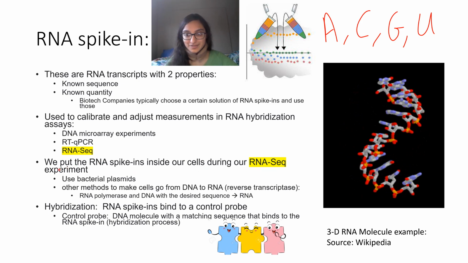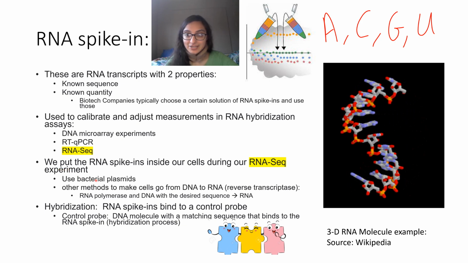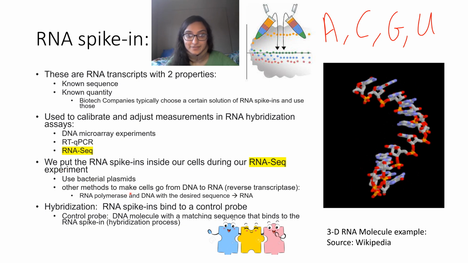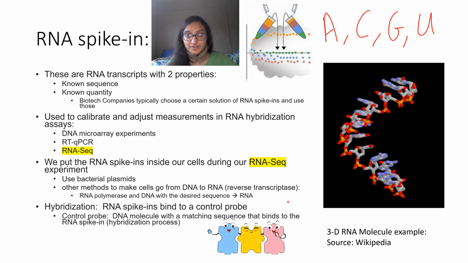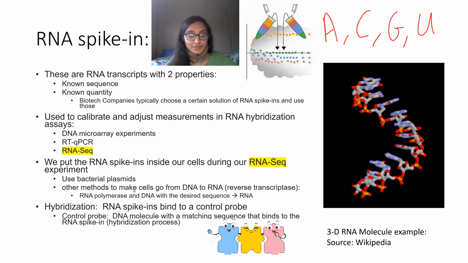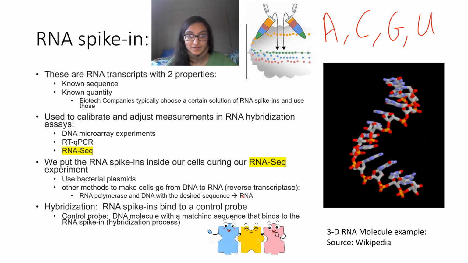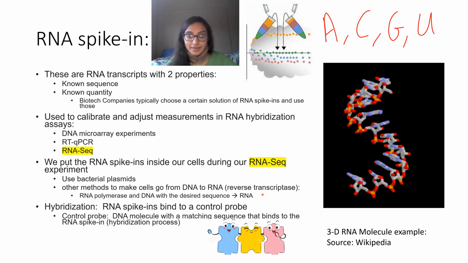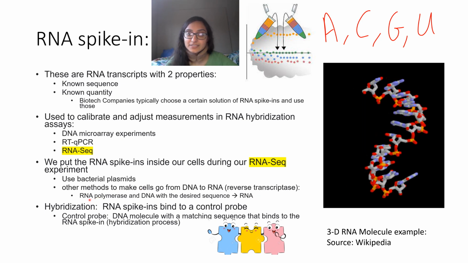There are many different methods we can use. We can use bacterial plasmids and other methods to make the cells go from DNA to RNA. We can use RNA polymerase and DNA with the desired sequence to go to RNA. And then there's what hybridization is measuring.